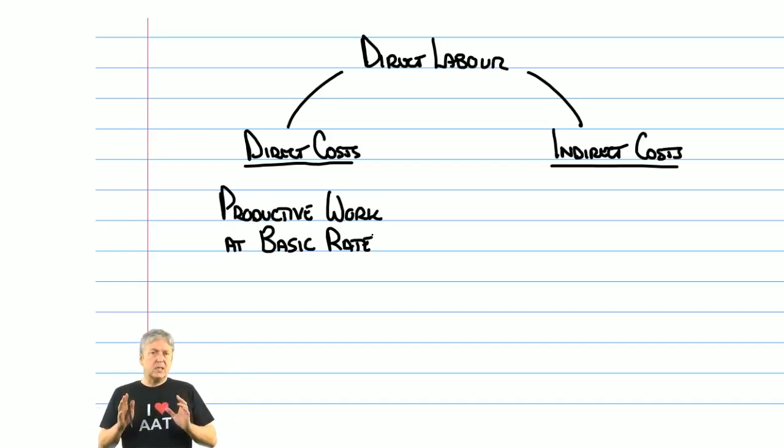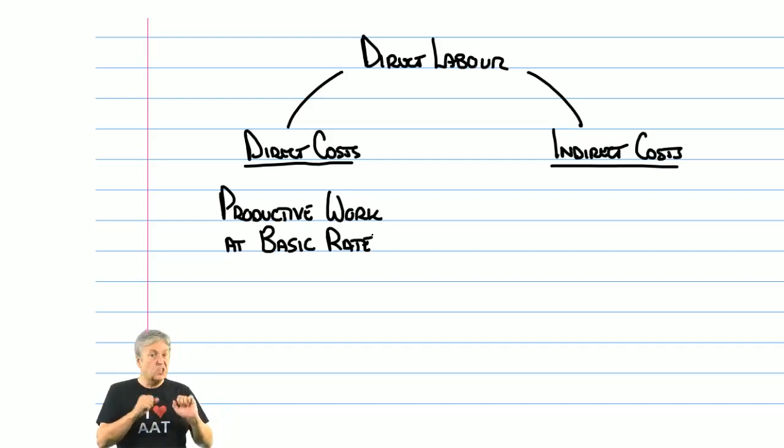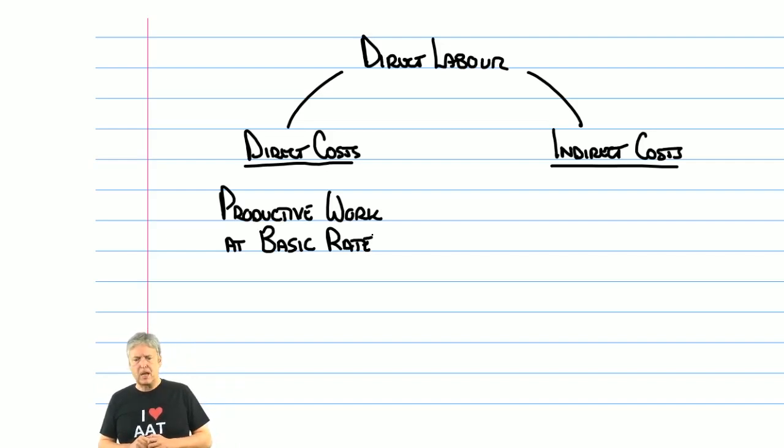Well, the argument is no, it doesn't normally make sense, because the overtime premium just happens to relate to those units because of the point at which they're produced, in spite of the fact that those units could be exactly the same as units produced at other times of the day.